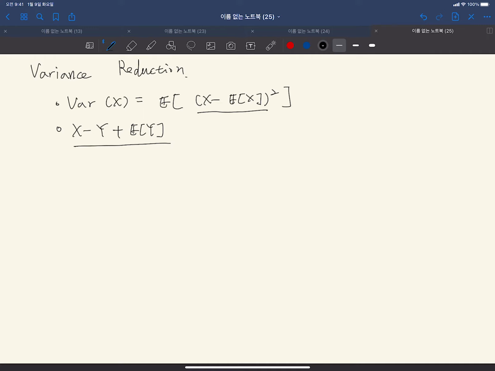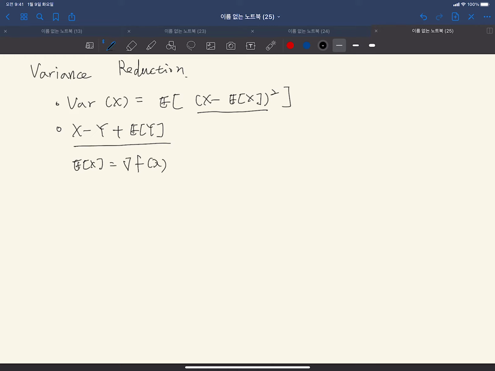I mean, if our expectation of X is equal to what we really want to use, like the gradient of our objective function, then we want to keep the expectation because we want to move our update in the direction of gradient descent if we want to optimize our objective function, for instance.